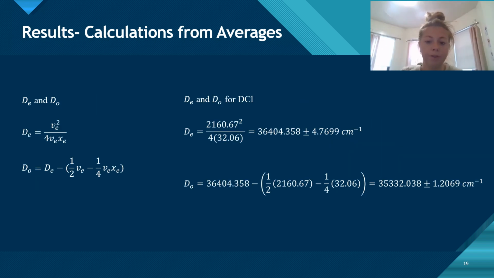Using the harmonic frequency and the anharmonicity constant, we were able to solve for D sub E, which is the potential energy when the bond isn't being stretched or compressed, and D sub O, which is the bond energy. And I did a sample calculation for DCl.